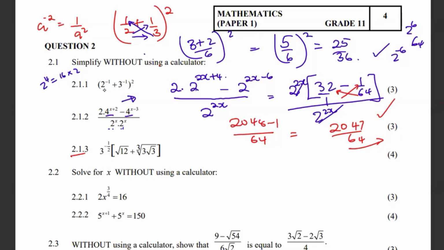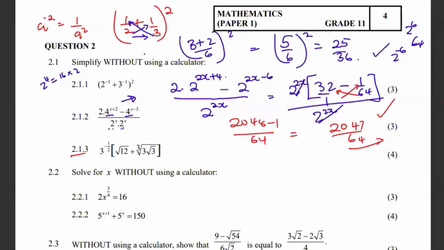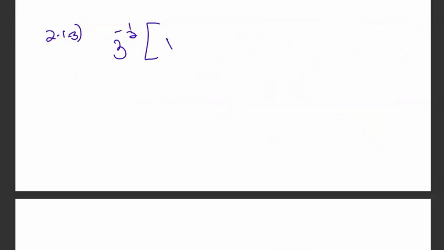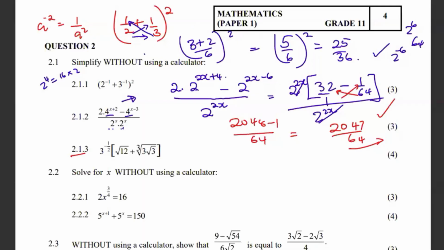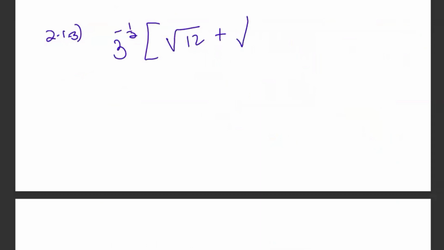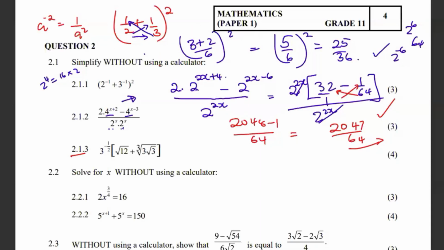2.1.3. We have 3 to the negative a half, open brackets, root 12, plus the cube root of 3.